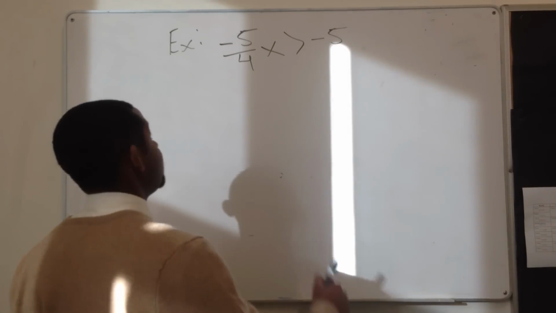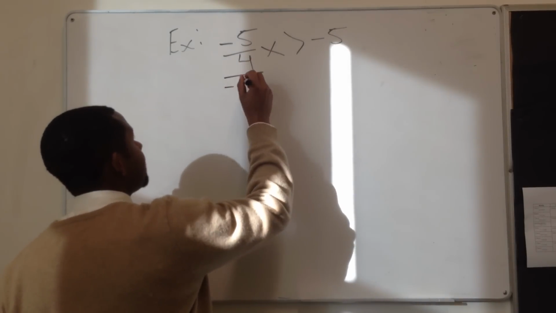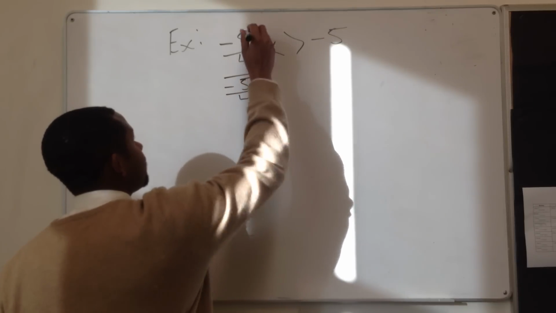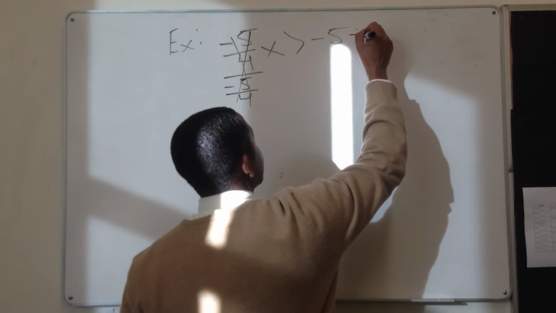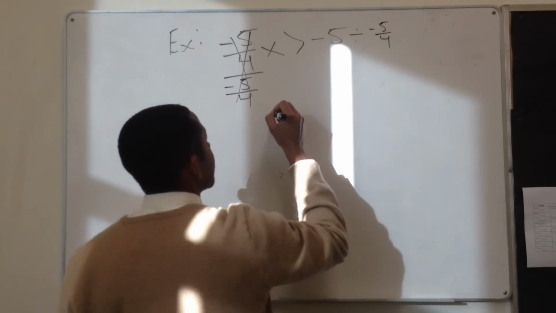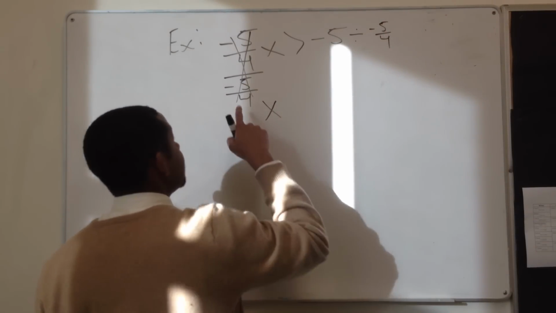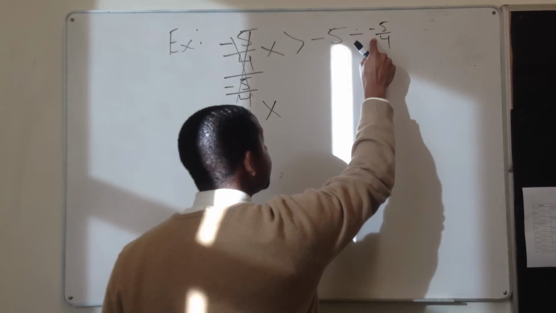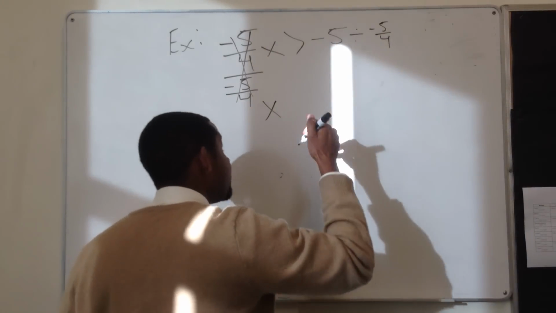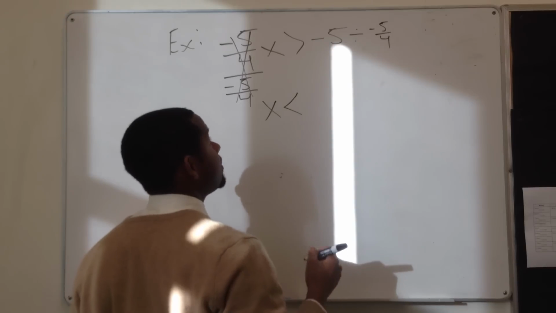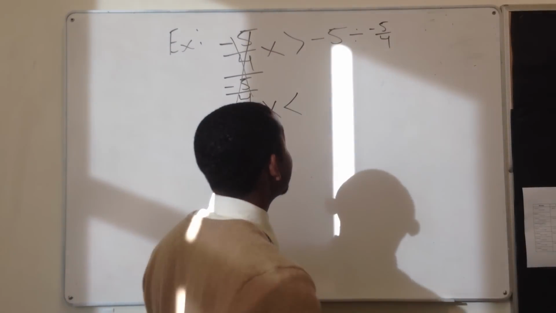Hopefully, you just did that. You say, okay, I'm going to isolate x by dividing by negative 5 over 4. Now, as soon as I see divide by a negative, I'm going to flip that sign to remind myself because I divided both sides by a negative.